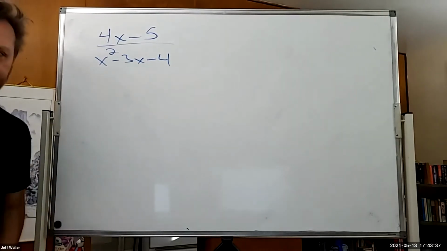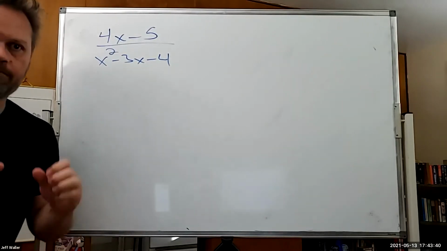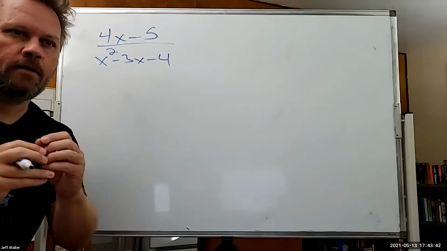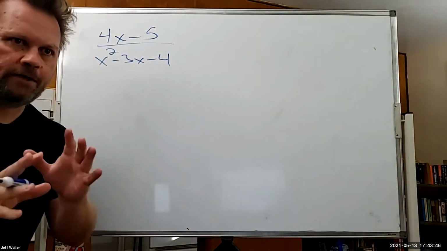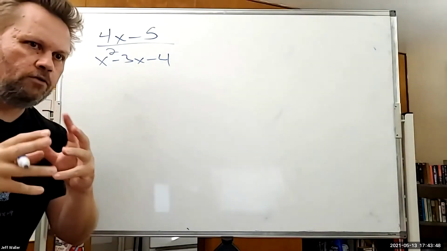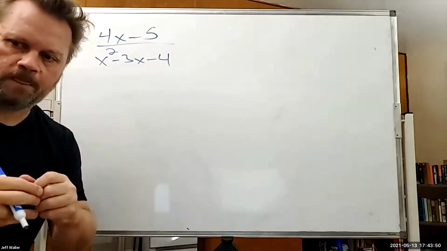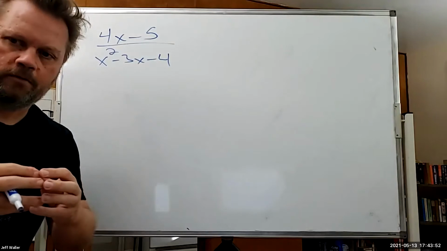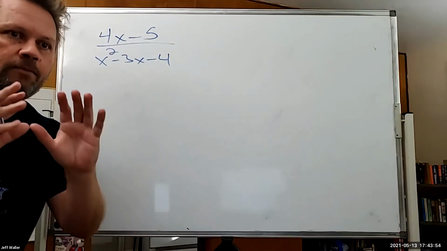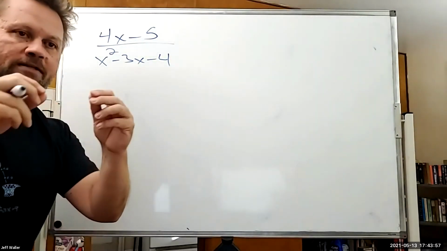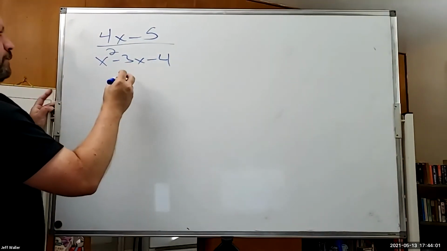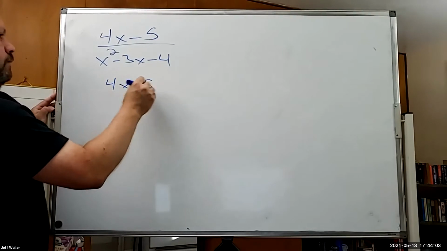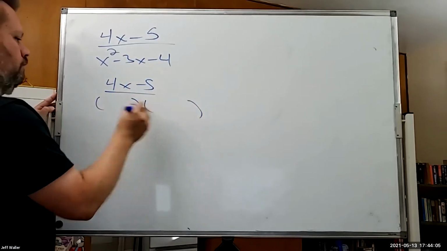Sure, I like it. What do you think is a good first step, considering what went into what we just did? Factor the bottom. Yeah, if I factor the bottom, I know the parts that this must have come from. So of course, how do you factor the bottom here? x minus 4, x plus 1.